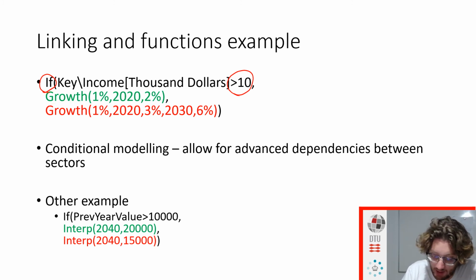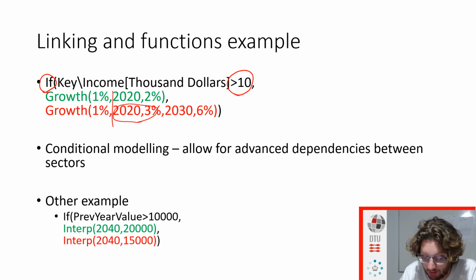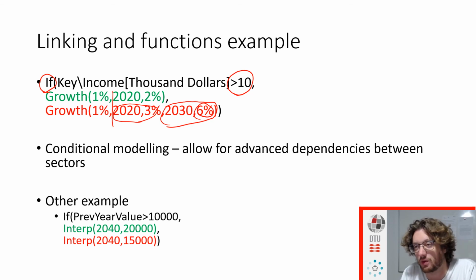And if that doesn't happen, well, it's still going to be 1%. In 2020, if you haven't hit the target there, it's going to be 3%, which it is. That's what happens in both the scenarios. But if you haven't hit it by 2030, it should go to 6% instead, which just happened for one of the scenarios. So that is actually kind of amazing, that you can make dynamic dependencies between two variables.